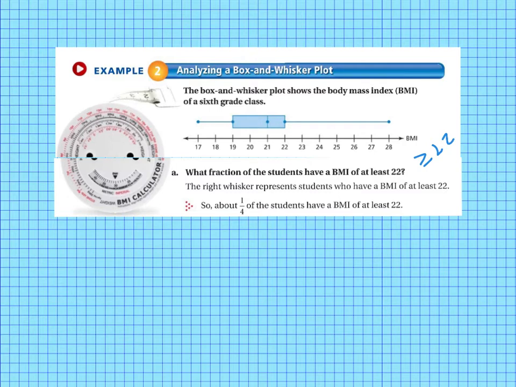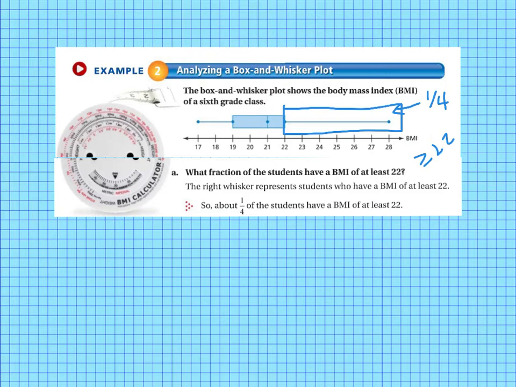So the right whisker represents students who have a BMI of at least 22. So we're looking at from here to here. If you remember back to that last slide, it told us that this is 1/4 or 25%, but they want this in a fraction, 1/4 of the graph.